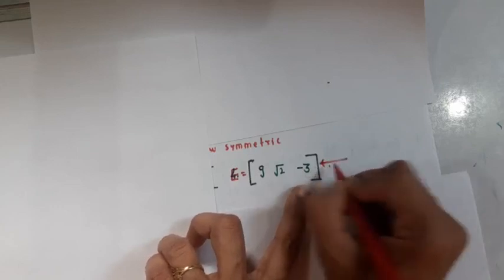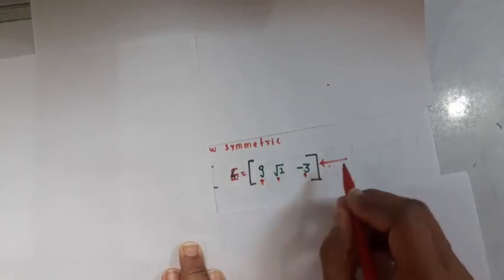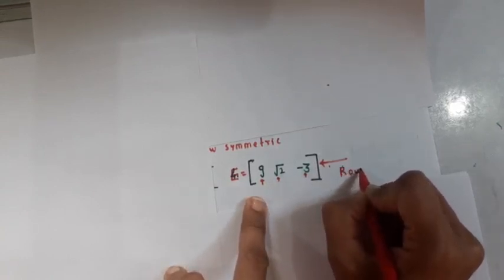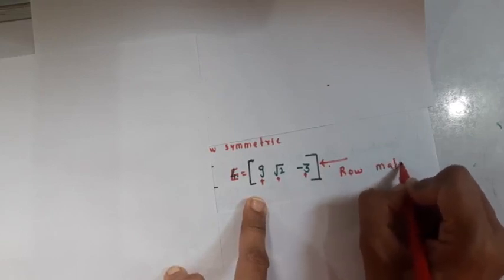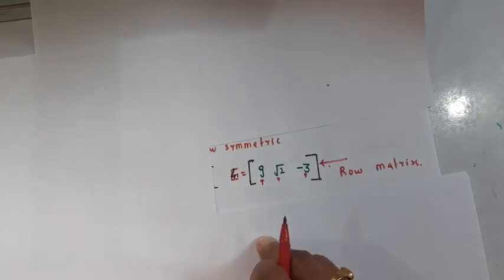Only one row is there and there are 3 columns, first, second, third. But only one row is there, that is the row matrix. Okay students, in this way.